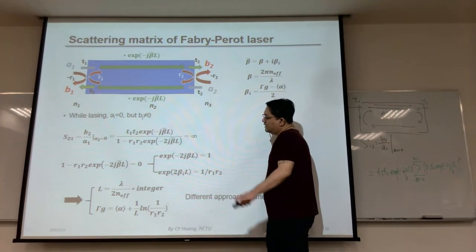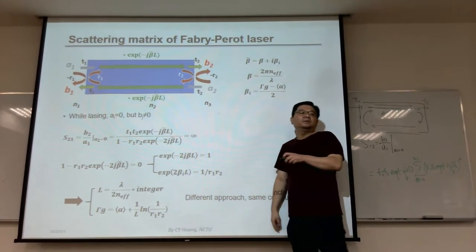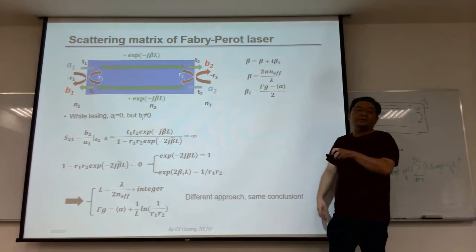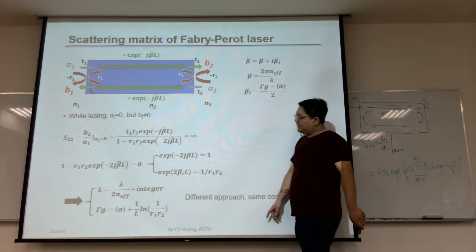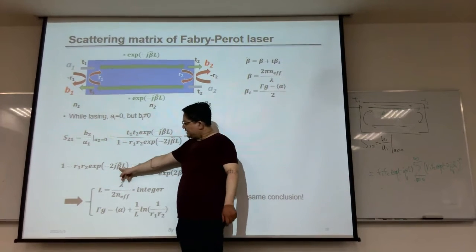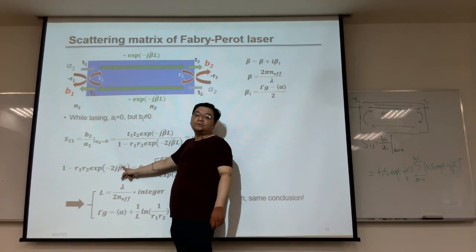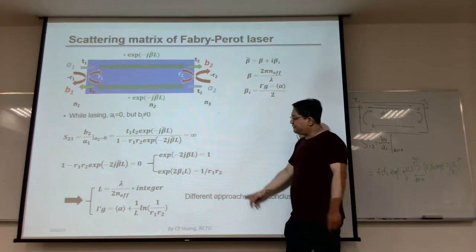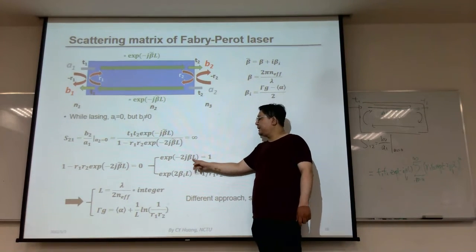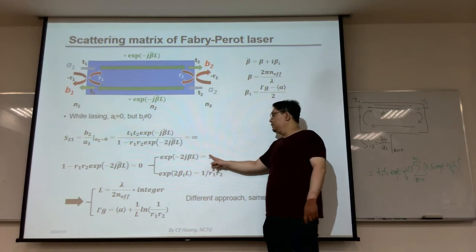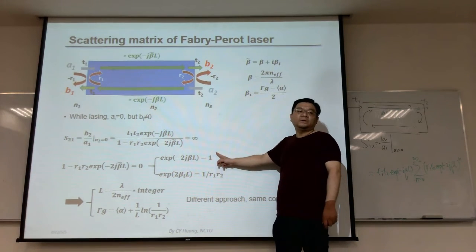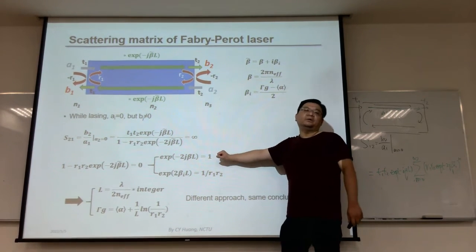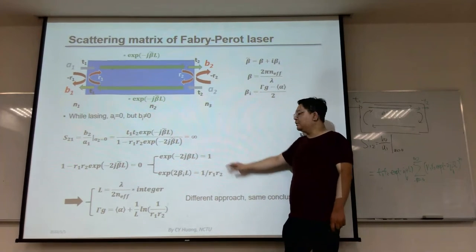So again, this matches the lasing threshold criterion. If we decompose this beta into real part and imaginary part, that will give, first, the exponential 2j beta L real part should be 1. So this is the criterion of the optical mode.